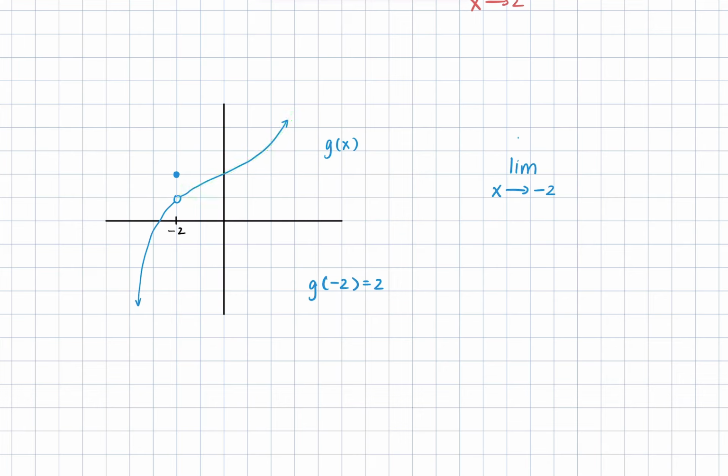Since the negative side and the positive side are approaching the same y value, I know the limit exists. So I'm going to write limit as x approaches negative 2 of g of x equals positive 1. That is my limit for this function.